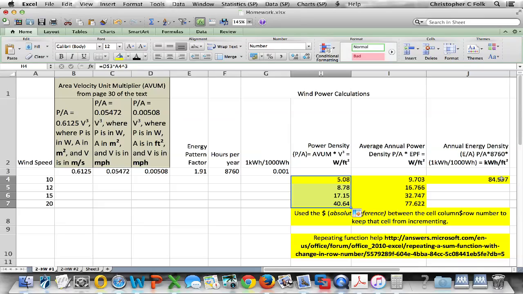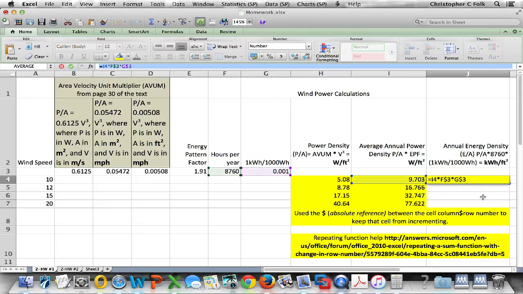Now lastly, we have to enter the values for my annual energy density, measured in kilowatts per square foot. You can see the formula shown here. Notice it shows the output here, but when I select the cell, the formula bar tells me the formula.